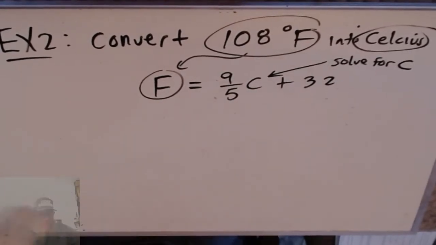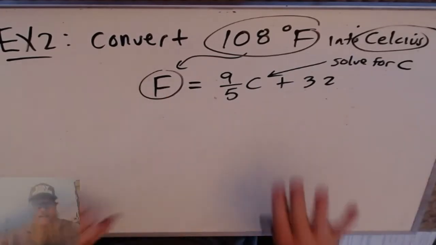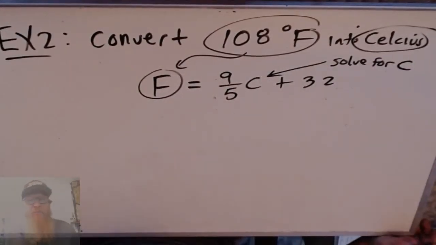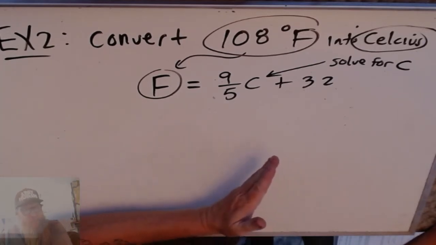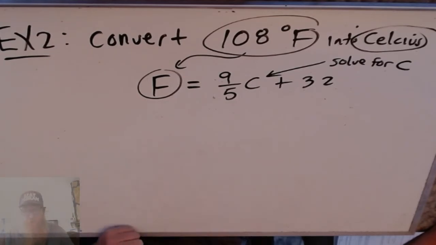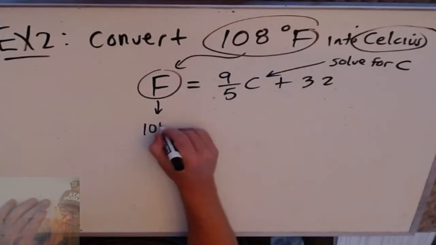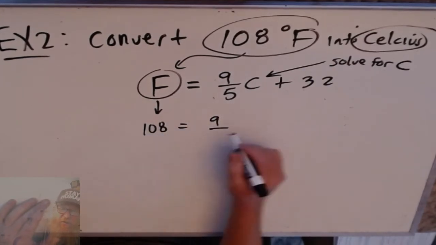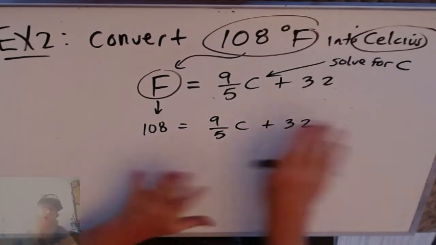If you want to reflect back on the problem that we just did, this is what you would get if you were to choose your X's and Y's inversely, right? If you would have chosen X to be Fahrenheit and Y to be Celsius. So I'm sort of reversing the roles here. So I'm just going to omit the degree symbol and just call this 108 Fahrenheit. I know that that means Fahrenheit. And I'm going to solve this in reverse.